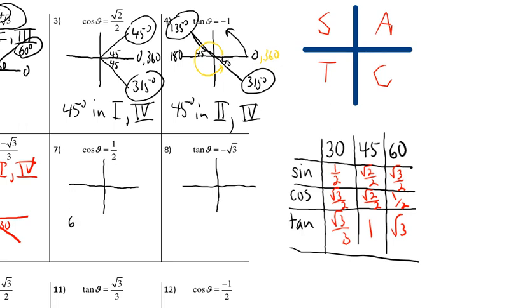Good, 4. So 60 degrees above the x-axis here, 60 degrees below the x-axis here. In quadrant 1, everything's positive. Quadrant 4, because the C is telling me cosine's positive. So what's my quadrant 1 answer? 60. And what's my quadrant 4 answer? 300. Good, 300 degrees.